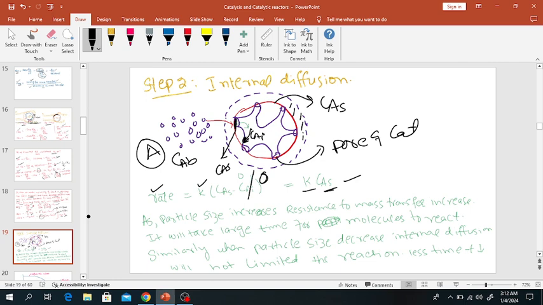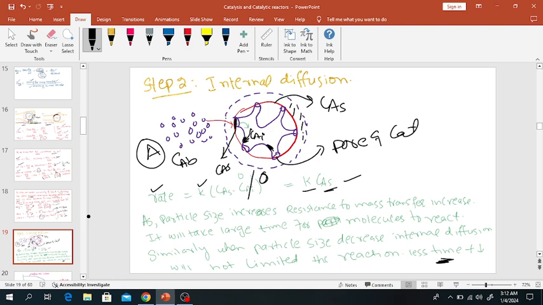Now as the particle size increases, the resistance to mass transfer will increase. It will take a long time for a molecule to react. So when we increase the size of the particle, the resistance to mass transfer will increase, and it will take a long time for the molecule to react with the surface as well as inside the particle. Similarly, when the particle size decreases, internal diffusion will not limit the reaction, and less time will be taken.